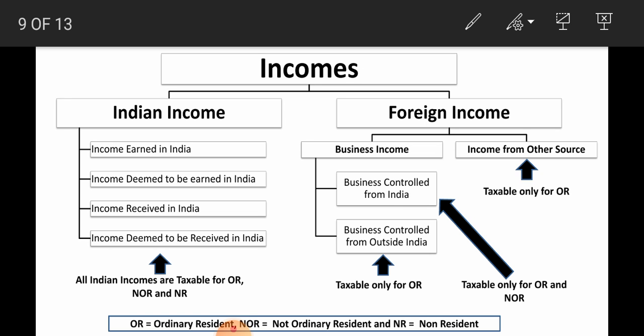Here we have categorized the different situation. If it is earned in India, received in India, deemed to be earned in India, and deemed to be received in India. It means any income which belongs to India will be taken as Indian income, and then will be taxable for all type of assessees. Clear? Now go for the second, foreign income. Foreign income is here divided into two parts: business income, income from other source.